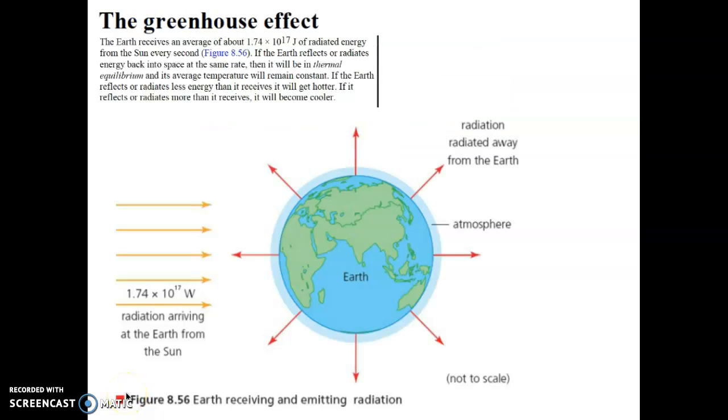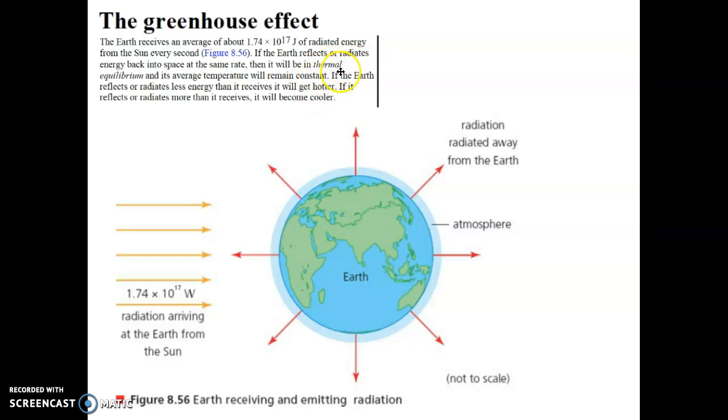The ideal situation is to constantly maintain a balanced atmospheric temperature. So if the Earth receives an average of 1.74 times 10 to the 17 joules of radiated energy from the sun every second, then what we really need to do is make sure that we get rid of, or reflect, or transfer that much energy out.